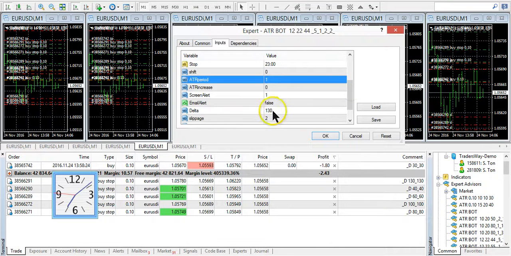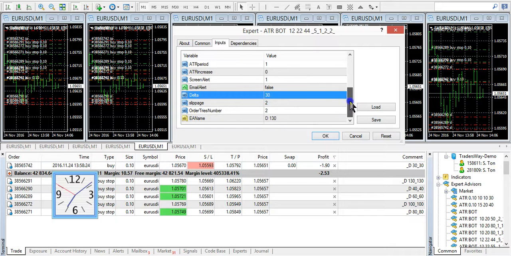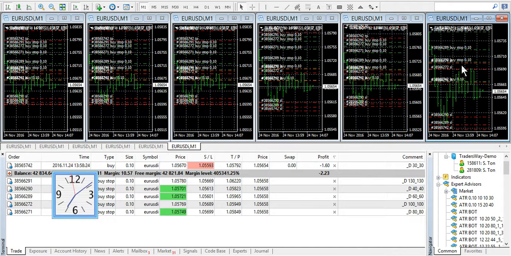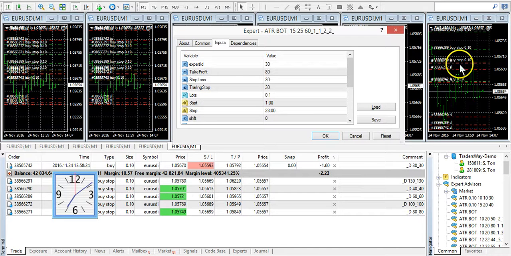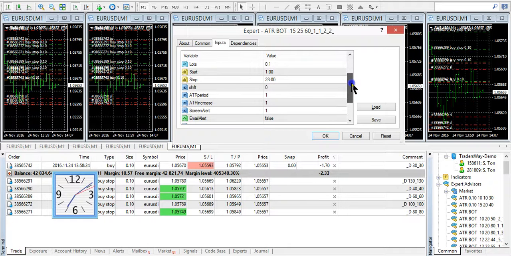And that's another thing, getting the thing to jump in there and do its thing. So that's going to be, did I have that right? It's a lot of work. Let's make it 2 pip delta, and ATR increases 0.